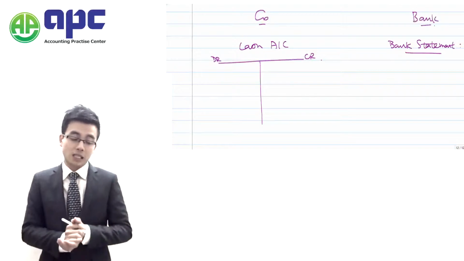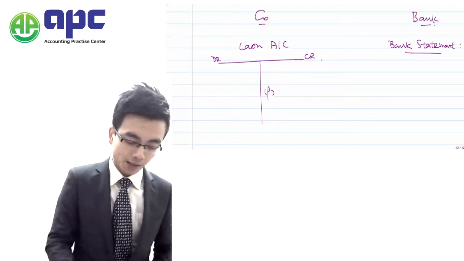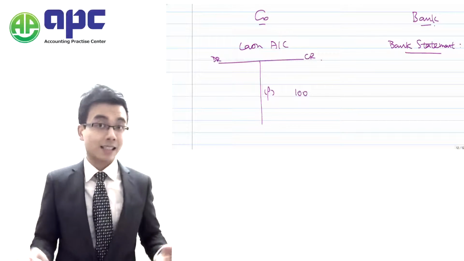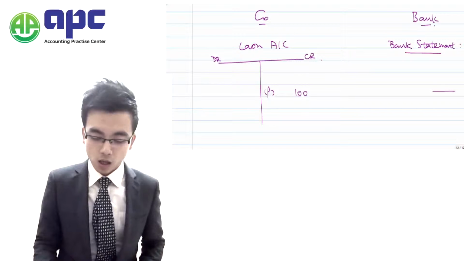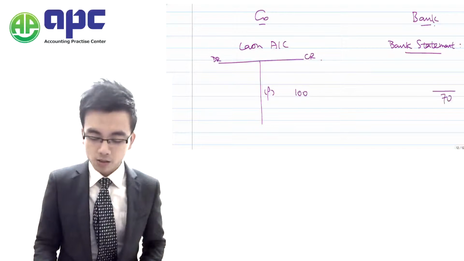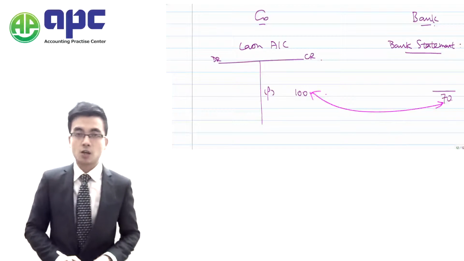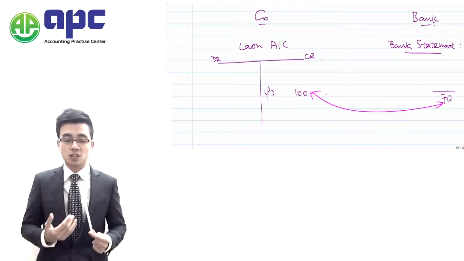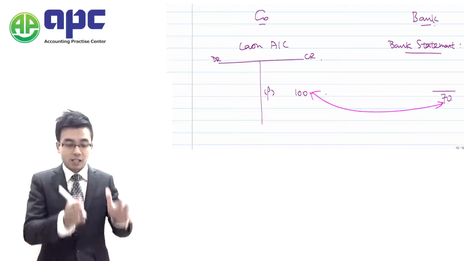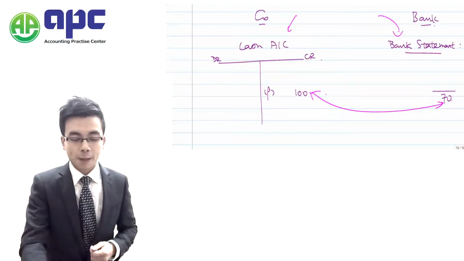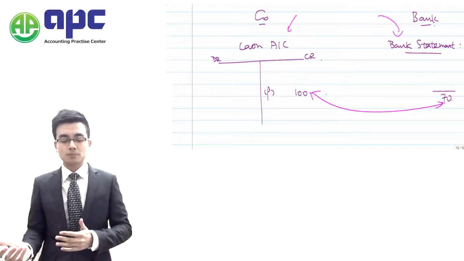So for example, the cash account showing as the balancing figure this year is 100, but the bank statement says the cash within the company is only $70. So there will be a difference between these two, and hence what we need to do is reconcile the cash account on the left hand side, and we also need to reconcile the bank account on the right hand side.